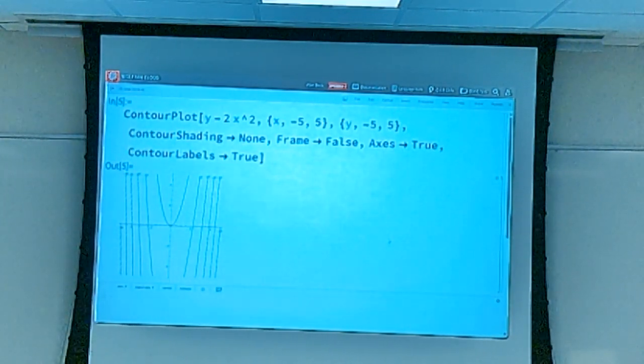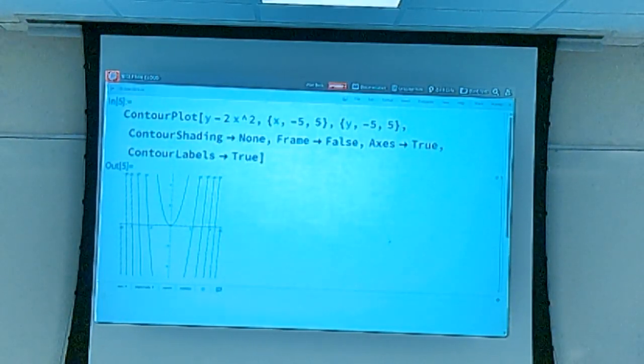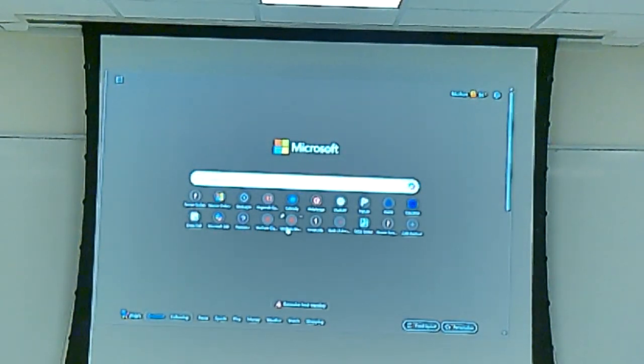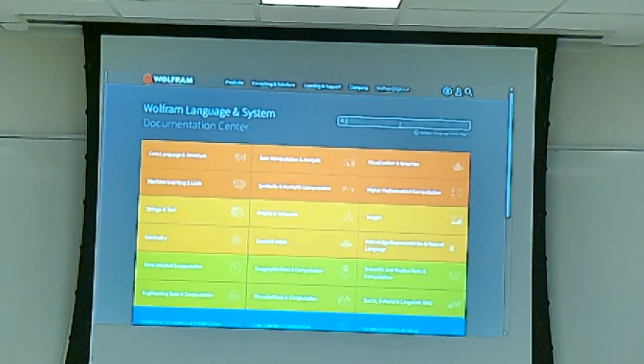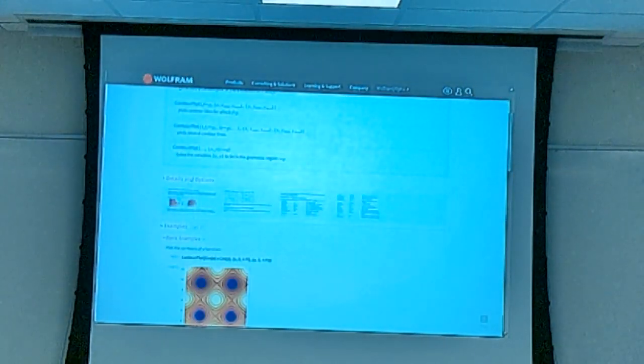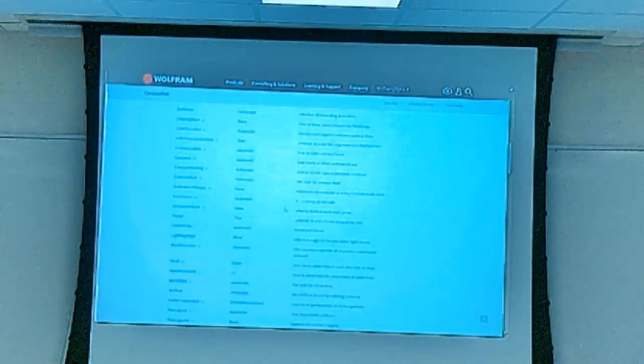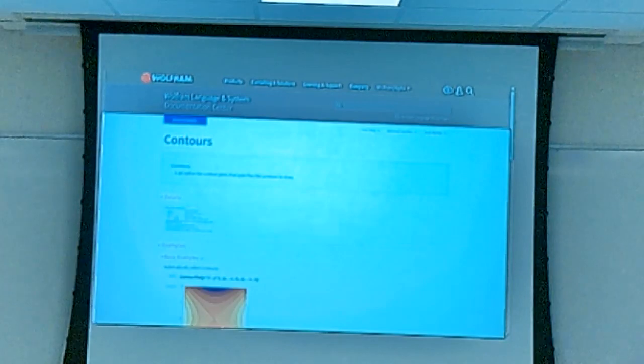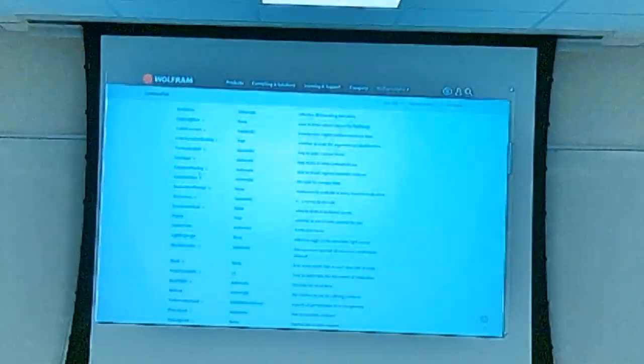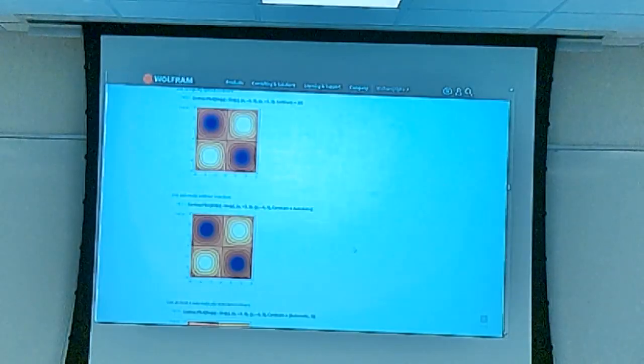Now, by default, Wolfram chooses the contours for you. So this is its default, contours automatic.